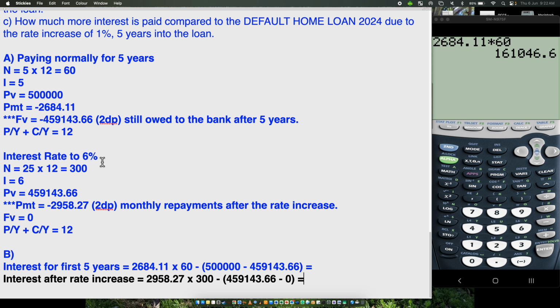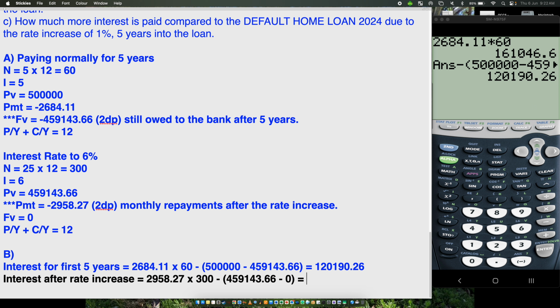You can make good use of the brackets on your graphics calculator now. So in the first 5 years, you paid $120,190.26 in interest.